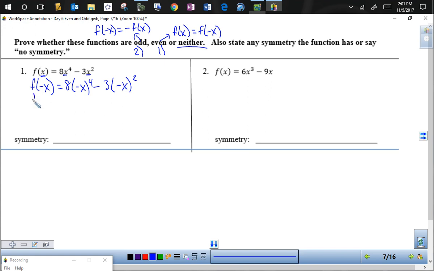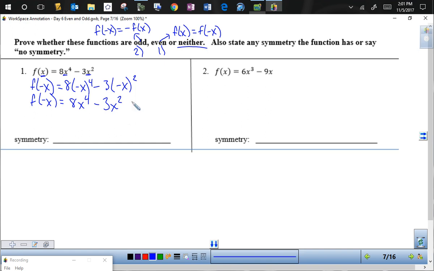When we simplify, negative x to the fourth power, a negative times a negative times a negative times a negative, ends up being positive. So I've got a positive 8x to the fourth. If I take a negative x and square it, I've got a positive x squared times a negative 3, so minus 3x squared.